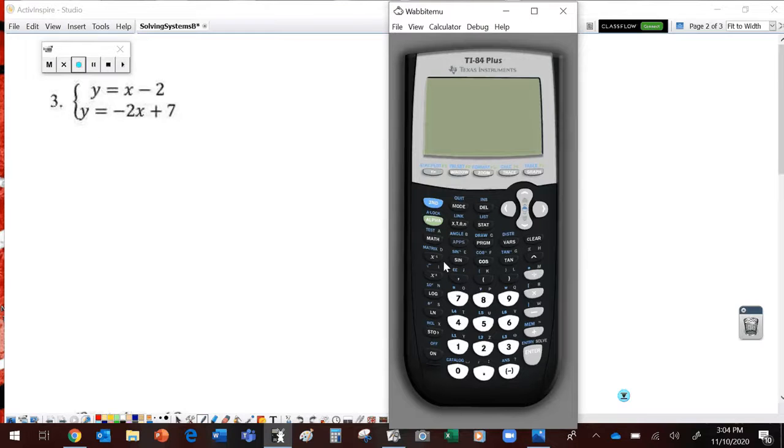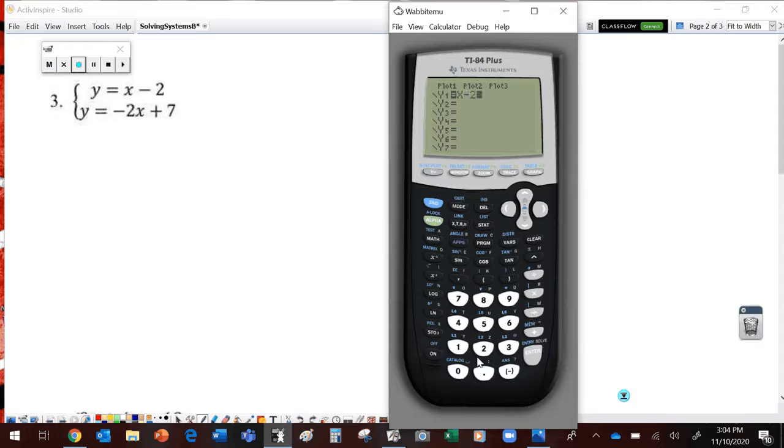Well, good news for us here. These both already have y by itself. So on most calculators near the top, you're going to have a button that says y equals. And if you go in there, you can type in y equals, this button right here with the x, the t, and the theta, and the n, that gives you your x minus 2.